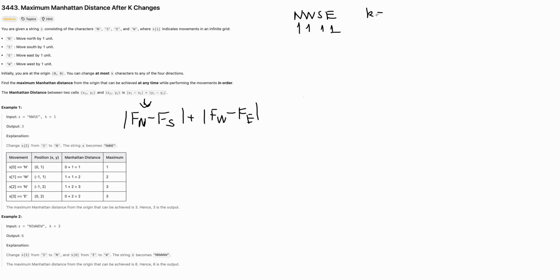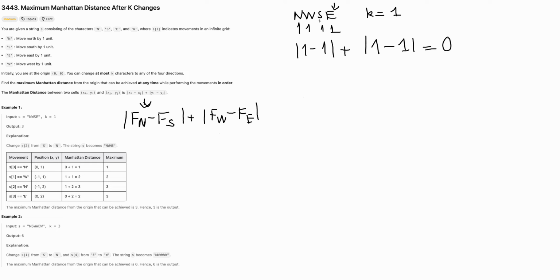And we have k changes. Now let's assume that I am applying the k changes after 4 steps. We are here in the 4th step. The frequency is 1 minus 1 plus 1 minus 1. This is no changes, so the result is 0.